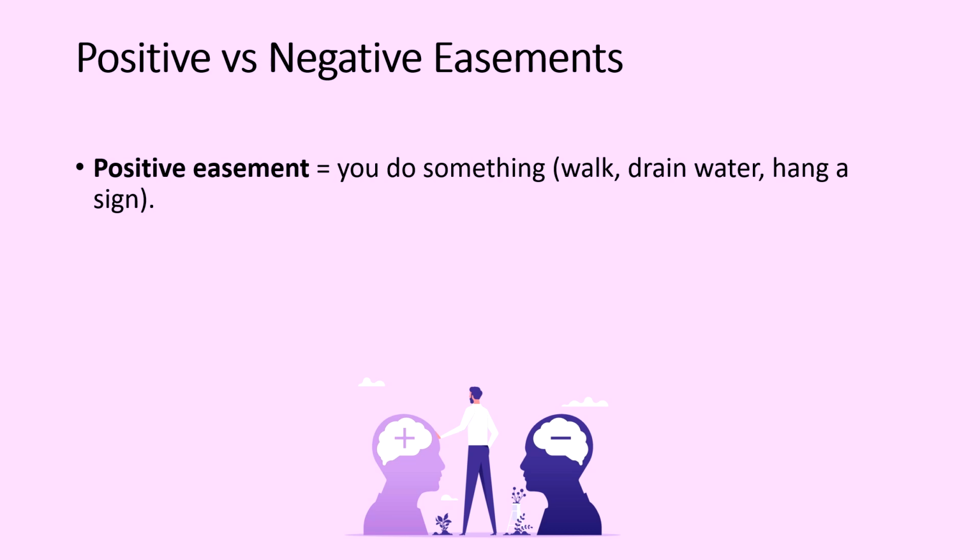A positive easement allows you to do something. So it allows you to walk across your neighbour's land or to hang a sign on your neighbour's land to, I don't know, draw attention to your business or something like that, or it allows you to drain water or do any kind of activity.